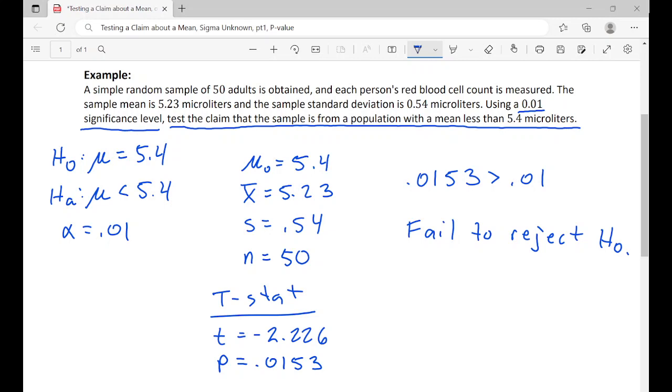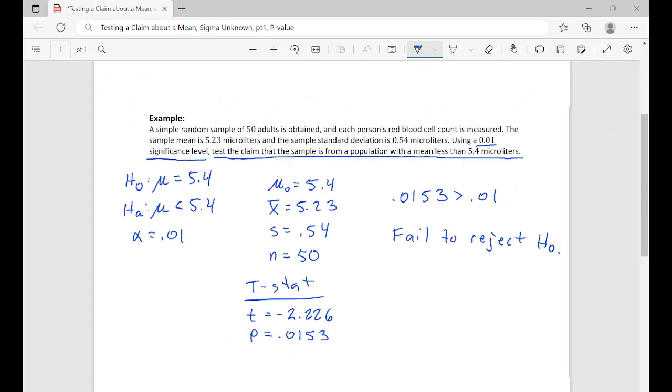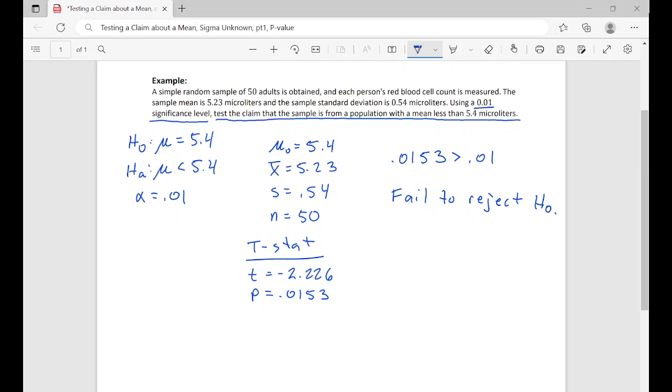Now that we have failed to reject, we still have to state our claim or our answer in about a sentence. So zoom out a little bit so we can see everything, and type it in down here. Since we failed to reject, we don't have enough evidence to support the claim.